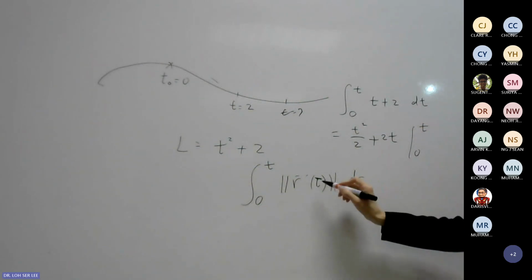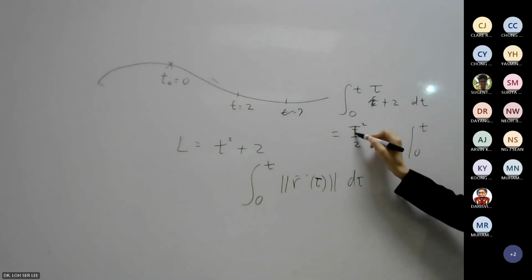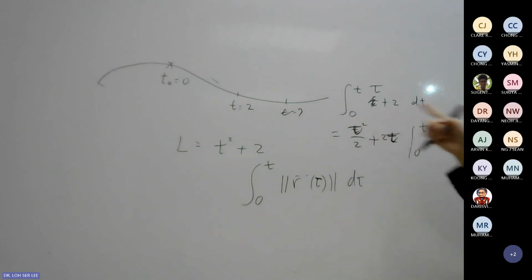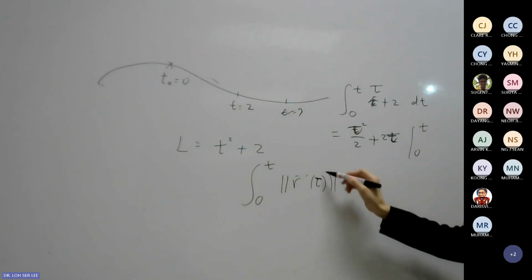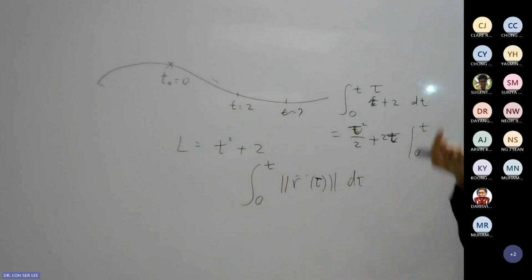So we will change the t into tau. This will be tau, this will be tau. So we will substitute t into tau. In a proper mathematical equation, we don't substitute t into t. That is the only reason why we use tau instead of t, because we have a t here. Later on, we want to substitute t into the tau.